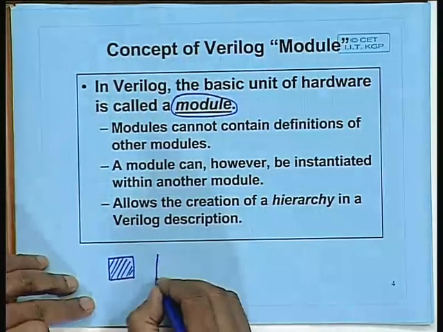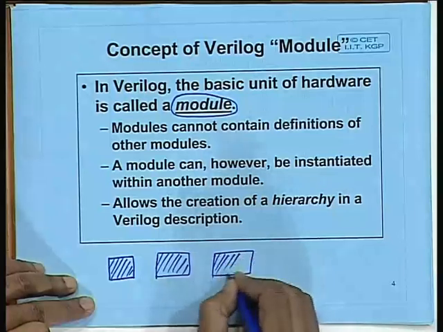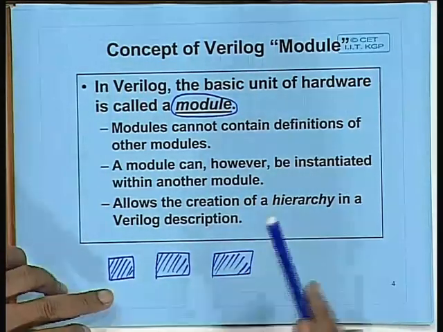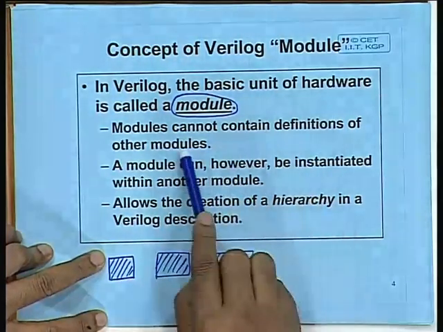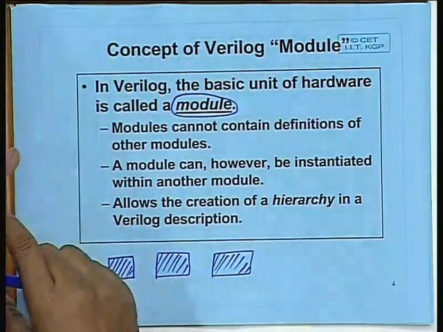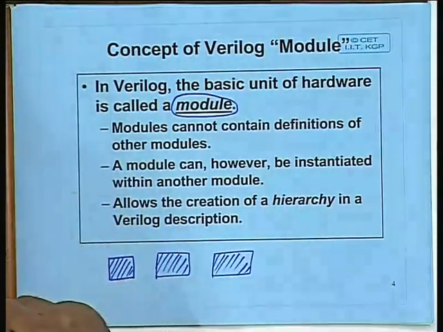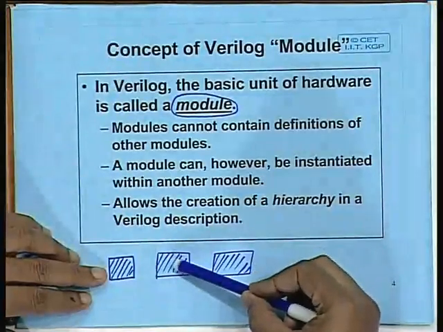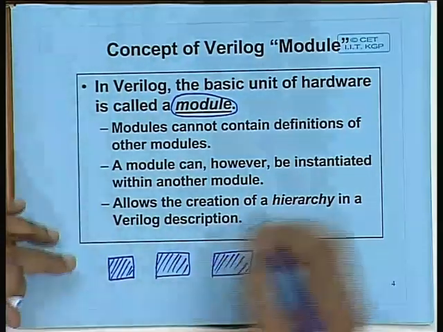Now, in a design there can be several modules. There are some restrictions that within a module definition you cannot include another module definition. So, a module definition within another module definition is not allowed, but what is allowed is like the example that we had seen in the last class, we can define a module externally, we can include it as part of a higher level module, that is always possible.